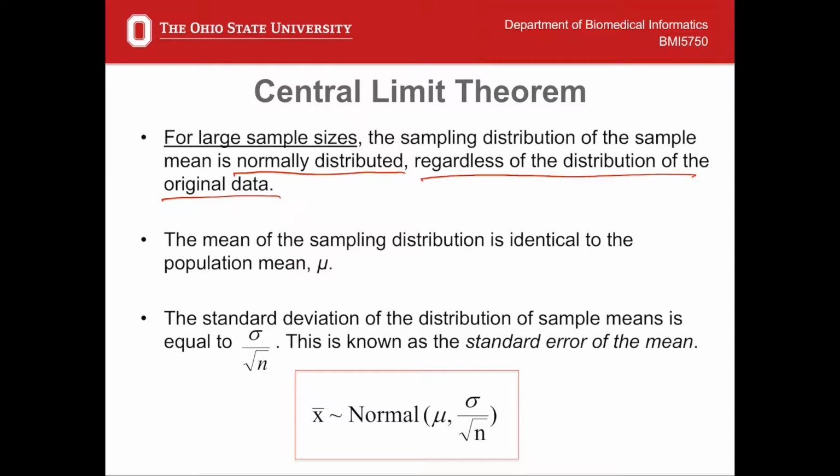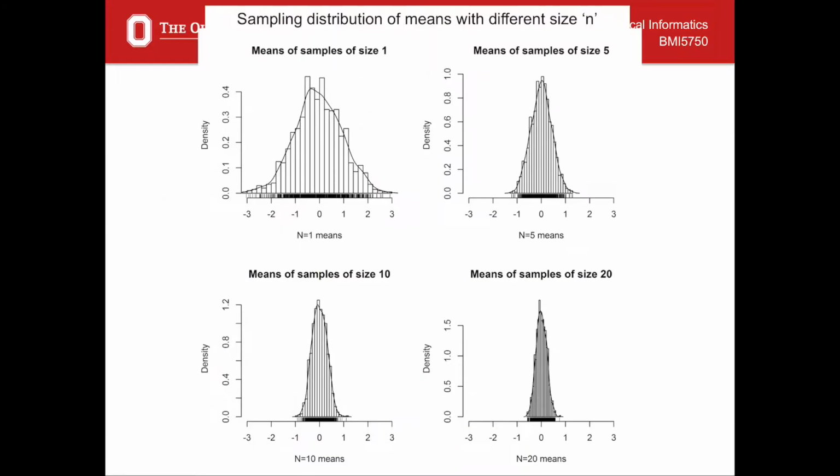However, the standard deviation of the distribution of the sample mean is equal to the population standard deviation divided by the square root of n. This is known as the standard error of the mean. So we write it like this. The variable x bar follows a normal distribution with a mean, mu, and a standard error.